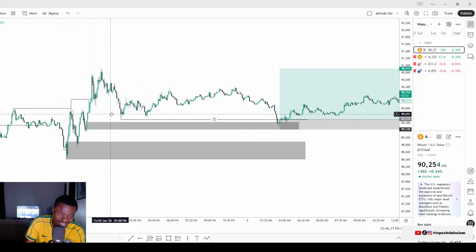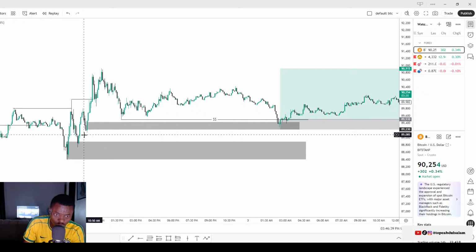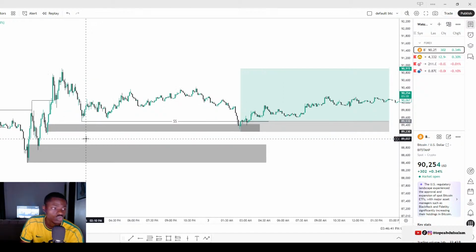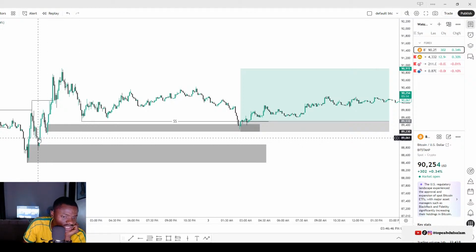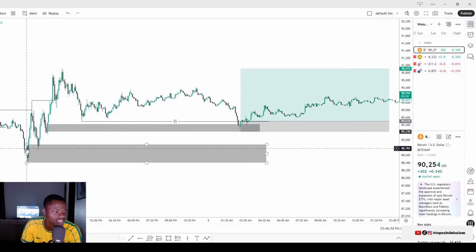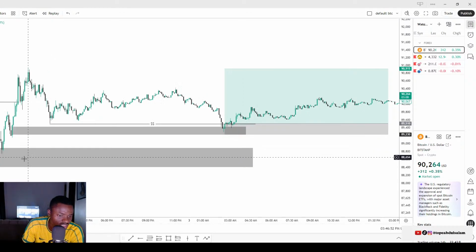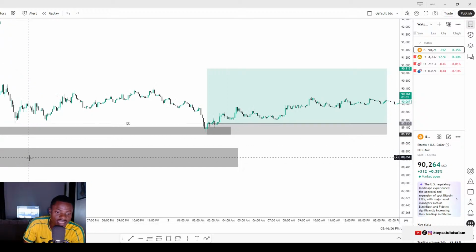So now this double leg break of structure pattern, I said in a double leg break of structure pattern, we will have two points of interest. The first point of interest, which is this one, and the second point of interest, which is this one. But because we have an existing order block below this already, we ignore this and we'll have this and this.